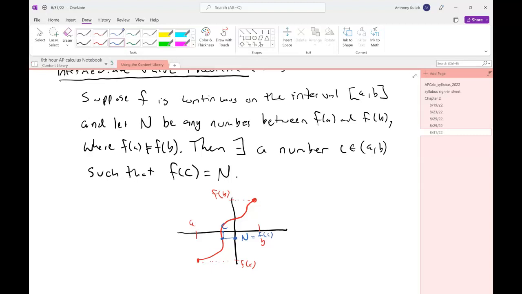If I have a continuous function and we go from f of a up to f of b, somewhere in between I have to pass every number in between, right? And since it's continuous, I know I can take that y-coordinate and find an x-coordinate that matches up to it. That's all we're saying. It's like, oh, well, sure, of course.